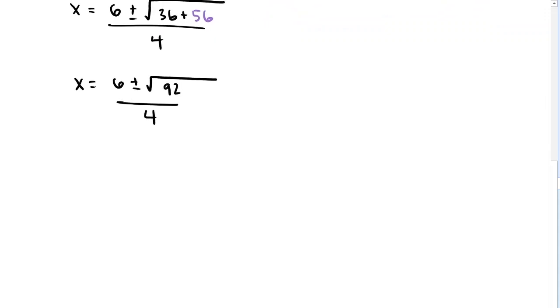Okay, we're almost there. Here, I know I can simplify this square root part by pulling out this square factor of 4. Right, so 4 goes into 92 how many times? I know 4 times 25 is 100, so 4 times 24 is 96, and 4 times 23 is 92. So I'll write it out here.